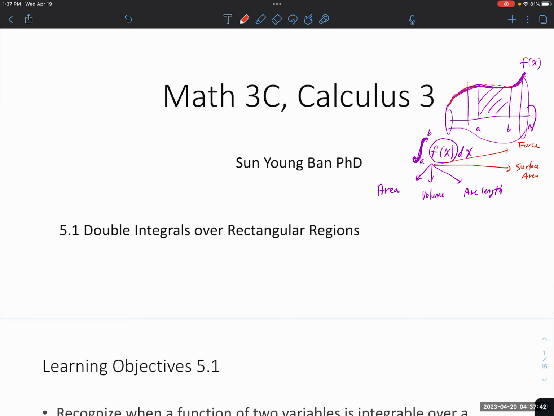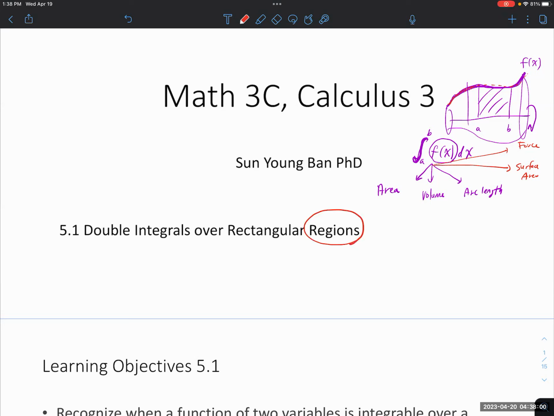So what we are going to do is very similar in Calculus 3. As I mentioned, Calculus 3 is like an accumulated concept from Calculus 1 and 2, just dealing with a couple of different variables. Now, do you see that region?